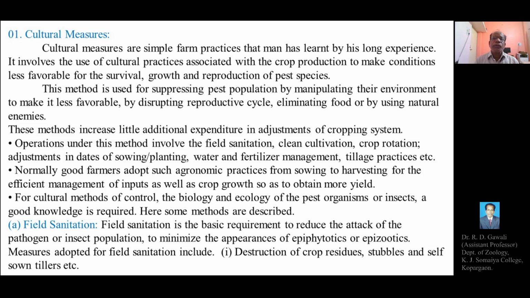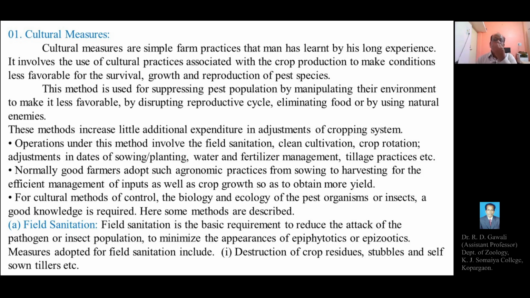This method is used for suppressing pest populations by manipulating their environment to make it less favorable, by disrupting the reproductive cycle, eliminating food, or using natural enemies.